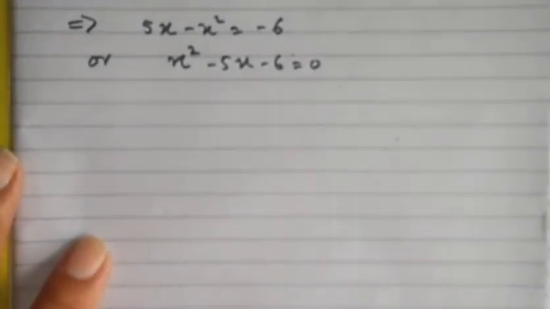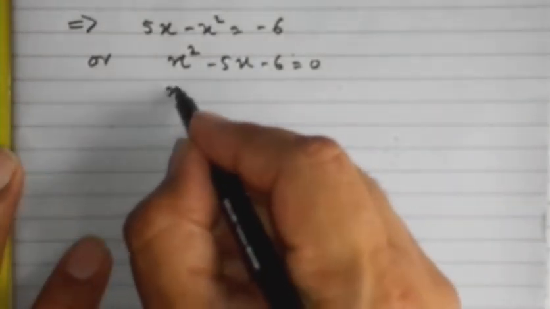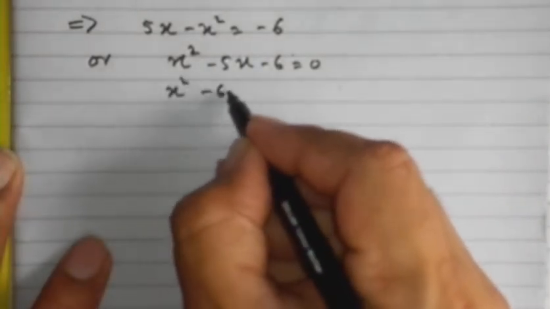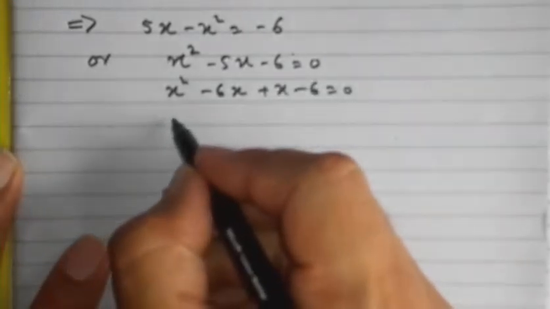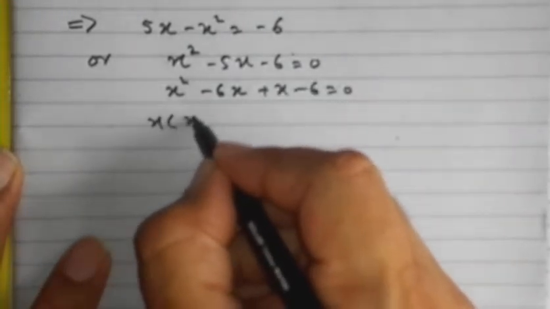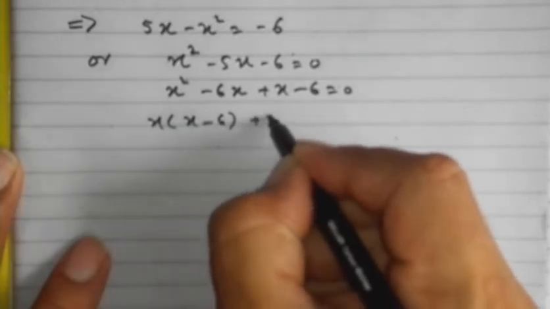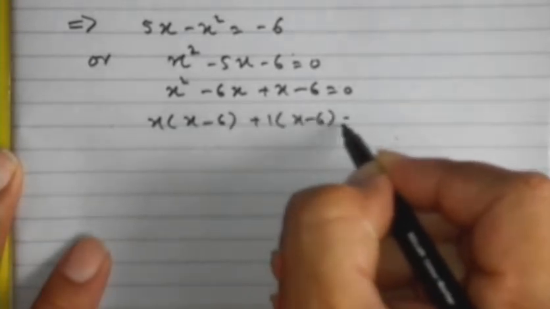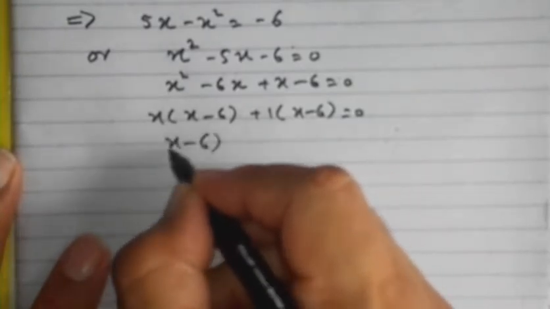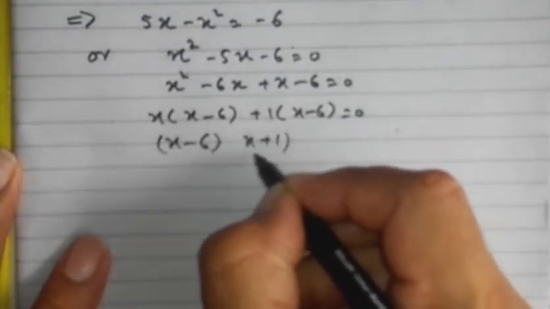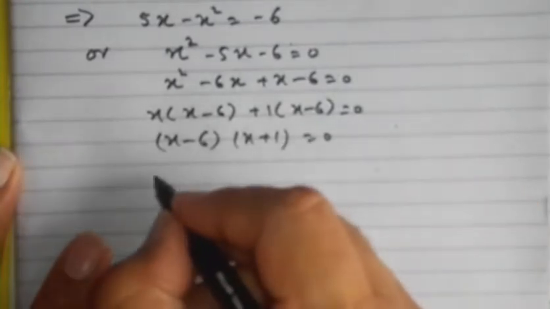Now we will factorize this. So x square minus 6x plus x minus 6 equals 0. Take x common, we get x minus 6, and 1 common, x minus 6 equals 0. So x minus 6 times x plus 1 equals 0.